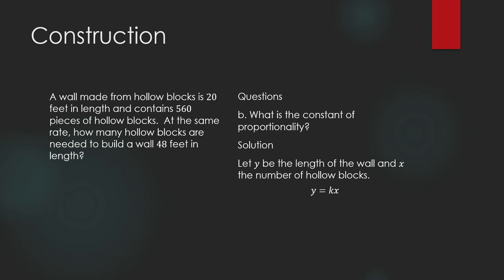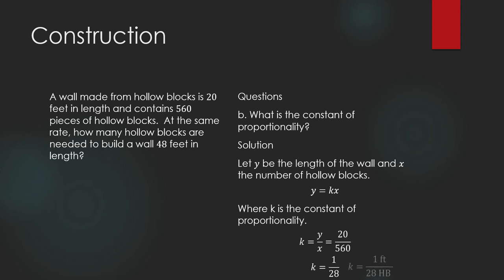So this is one of direct proportionality, and this is the equation that defines the relation between the length of the wall and the number of hollow blocks. K here is the constant of proportionality, and K is equal to y over x, which is equal to 20 over 560, and that is equal to 1 over 28.